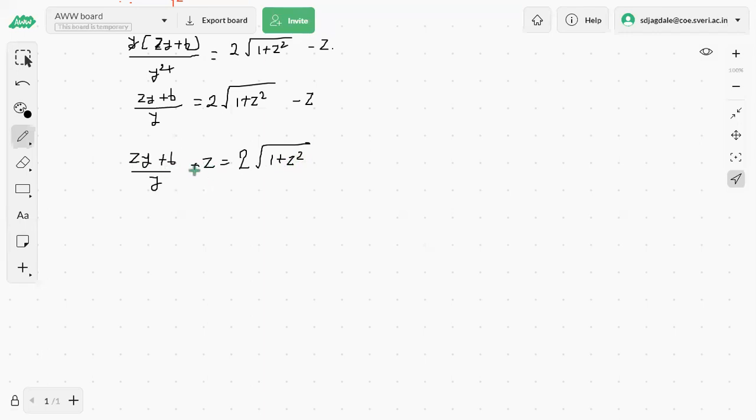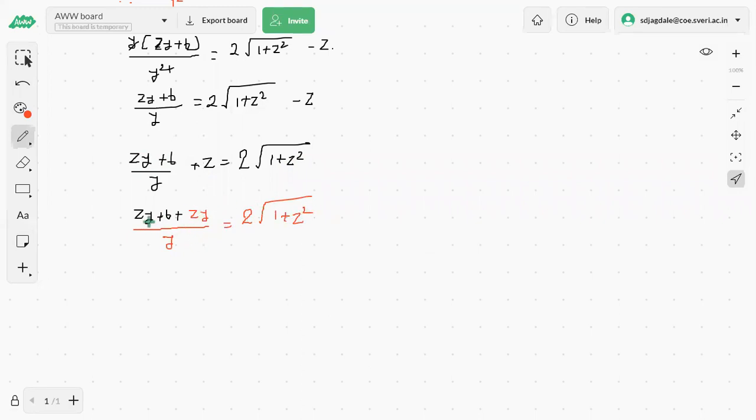For making this addition, we will multiply and divide this z by y. So it will give the equation as (zy plus b plus z into y) divided by y, that is equals to 2 into root of 1 plus z square.